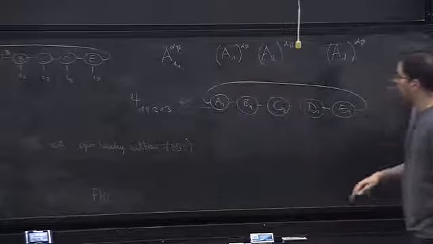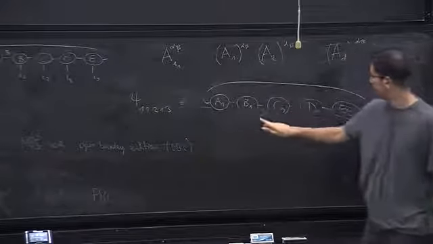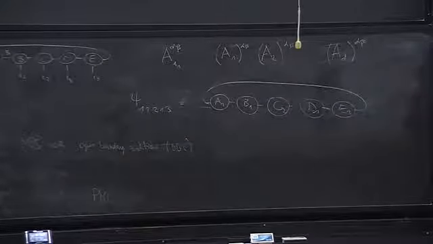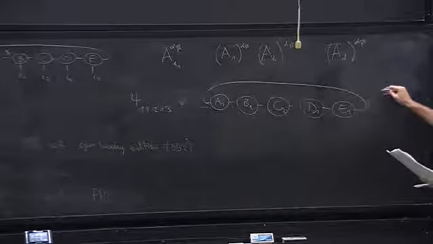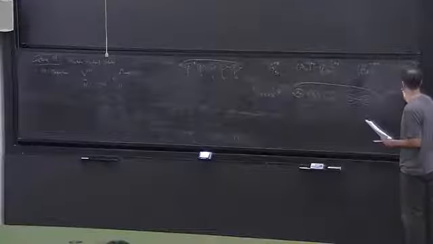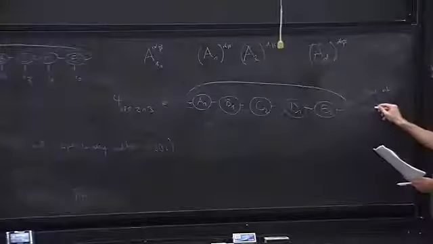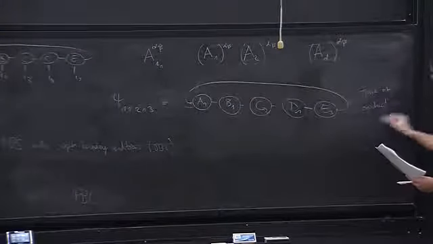Okay? What does this look like now? What is this? It's a number, but it's expressed in terms of matrices as a trace of a product of matrices, right?